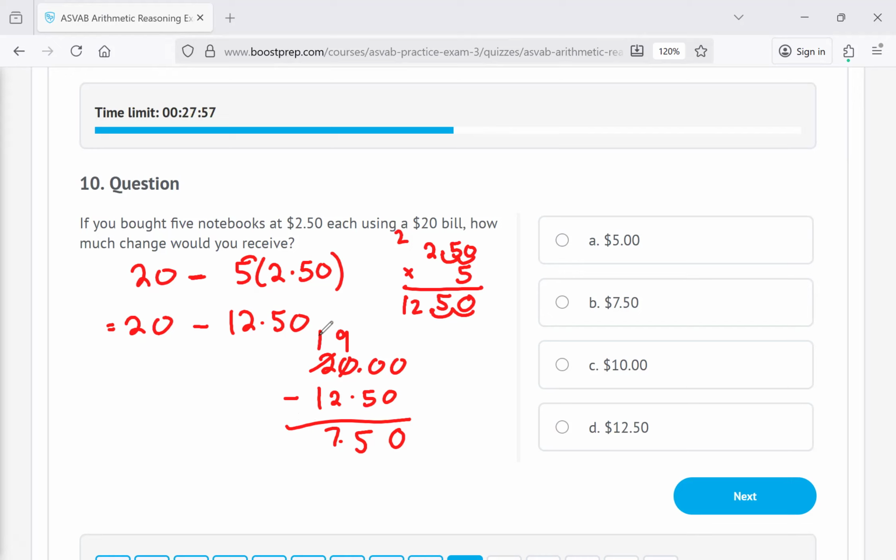That would still be 1, so 1750. No, no, no. No, you do borrow, sorry. Okay, that's easy to make a mistake. So this 2 becomes a 1 because you borrowed from the 0. So that's 7.50. Yep. Okay.